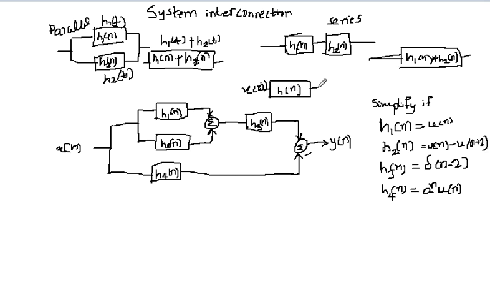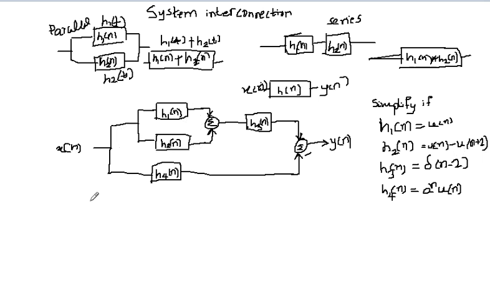So we have to write it in this fashion, and for that we need to simplify. Y of n is equal to x of n through this whole block. So let's solve for this h of n first, and then we can use that.